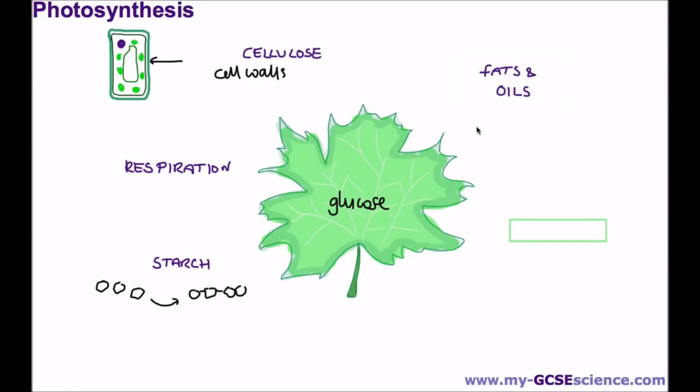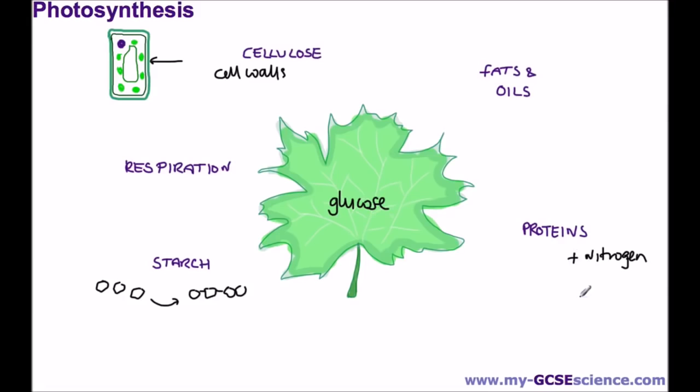Another use is to produce fats and oils, and these fats and oils are produced and stored away in the plant. And the final one that you need to know is to make protein. Proteins are made from glucose, but they also require another element called nitrogen, and without nitrogen the plant can't make protein.